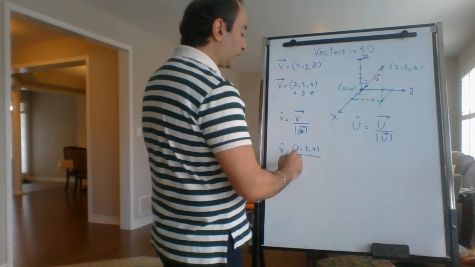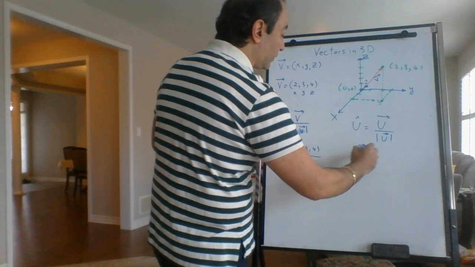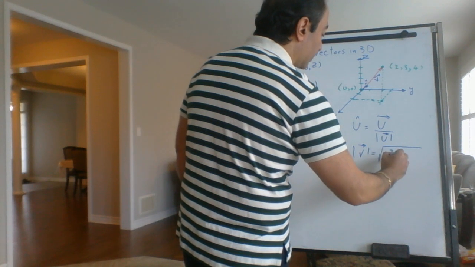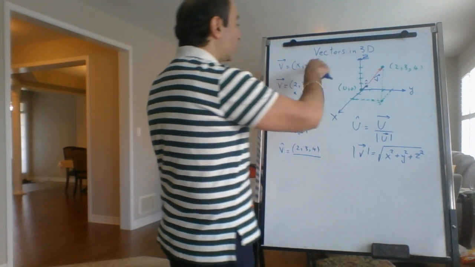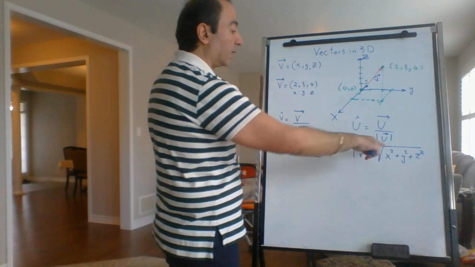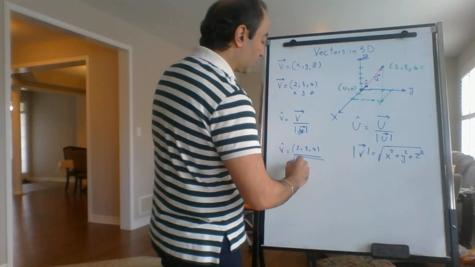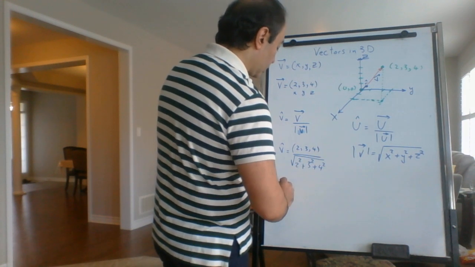The magnitude of vector v or any vector is the square root of x squared plus y squared plus z squared. The 3 components here squared and added together, and we get the square root of this. So the square root of 2 squared plus 3 squared plus 4 squared.